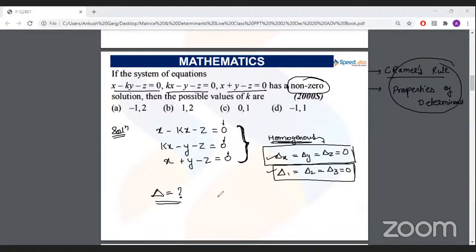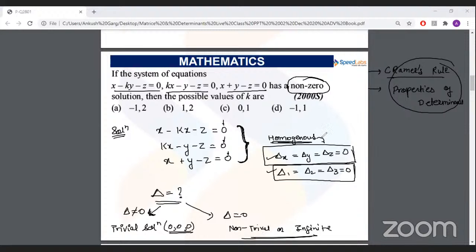Now if delta is not equal to 0, then you have a trivial solution, that is 0, 0, 0. And if delta is equal to 0, then you have a non-trivial solution, or infinite solutions.